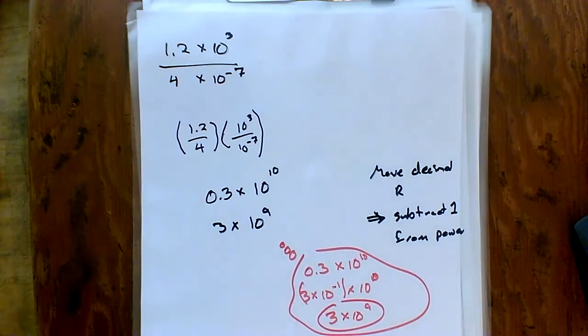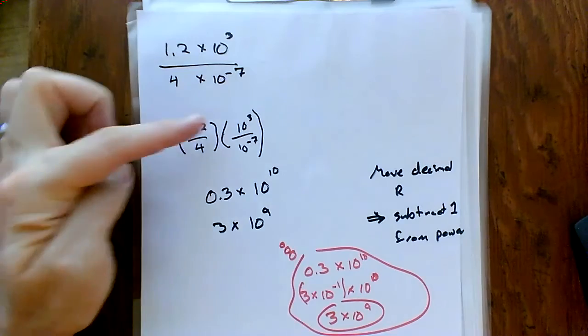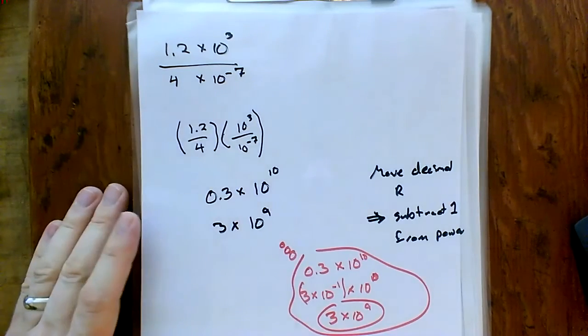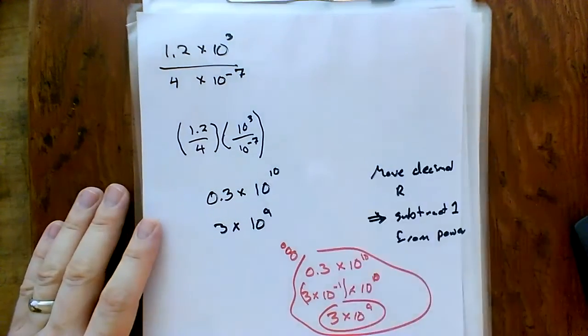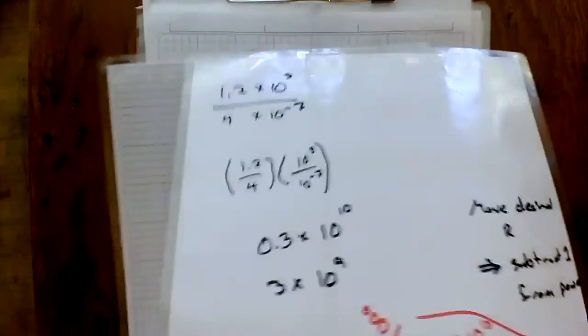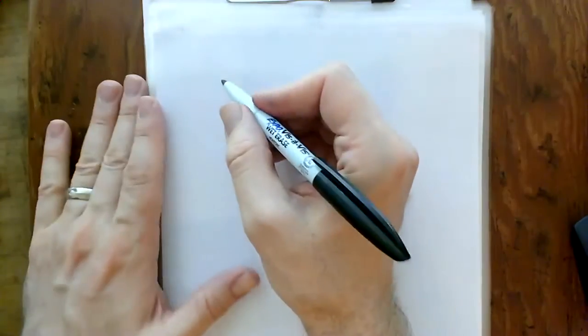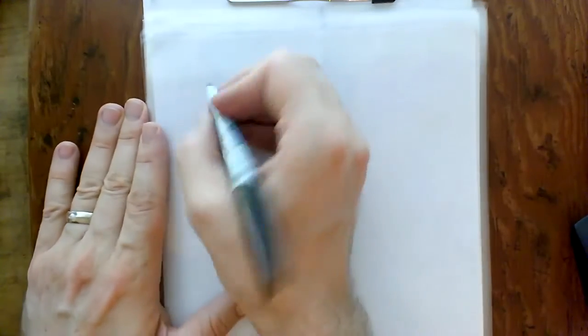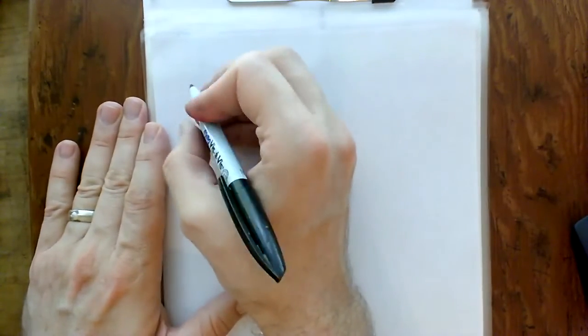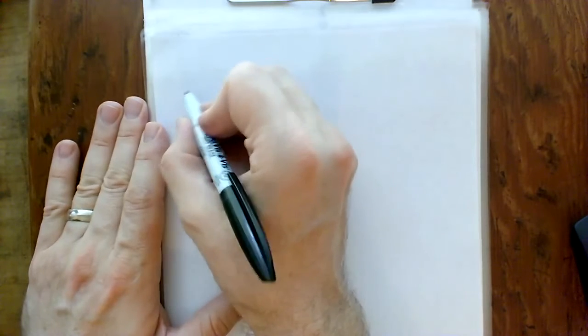You do have to watch your signs when it comes to your powers, especially. I'll do another example here where we might have something more interesting happening with our powers. I'm going to go back to some multiplication since a lot of folks seem to be happier with that.